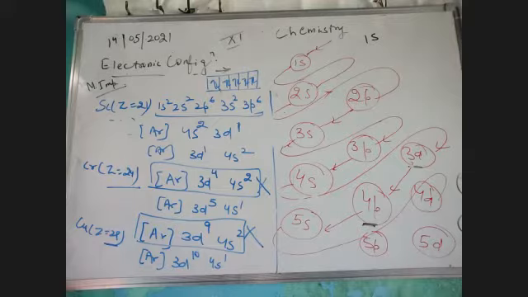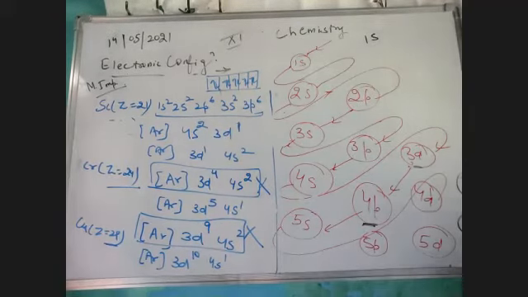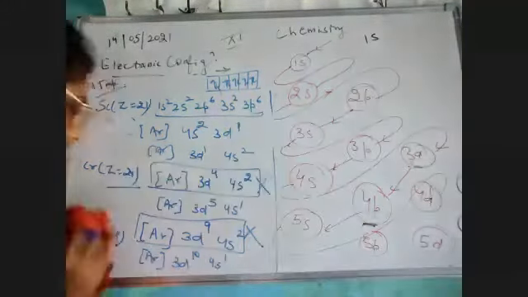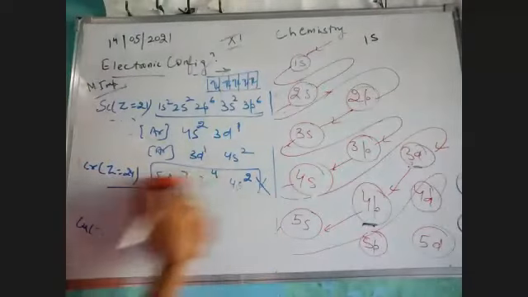The question is the stability of completely filled and half filled subshells. Why is it so that the completely filled and half filled subshells are more stable?